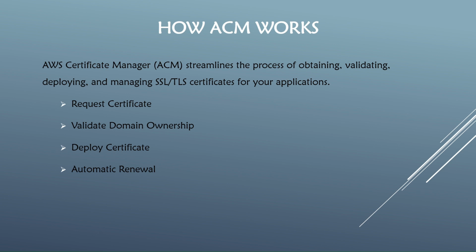For email validation certificates, you are required to revalidate by email if domain ownership needs reconfirmation. For example, an organization hosting its blog at blog.example.com ensures continuous HTTPS availability by letting ACM automatically renew the associated certificate every year.